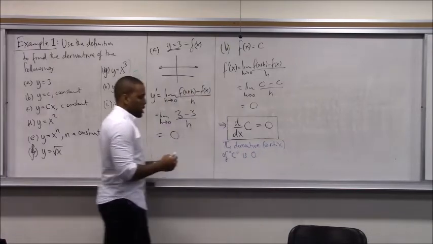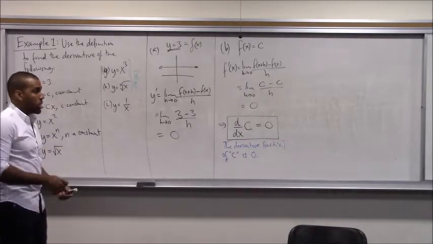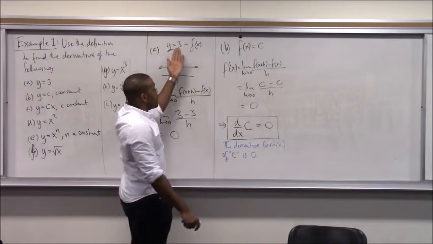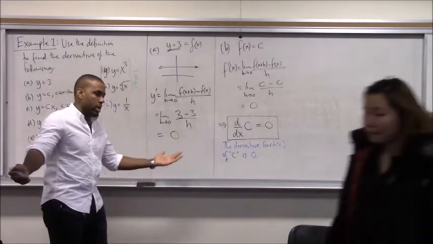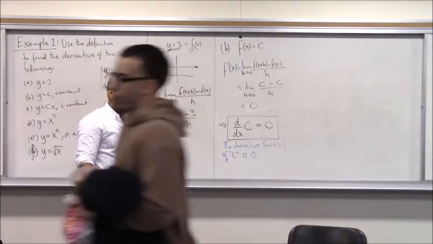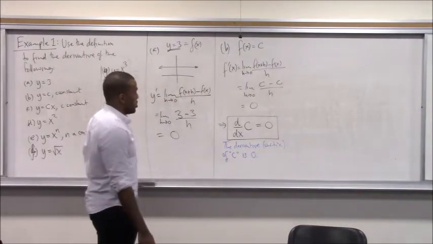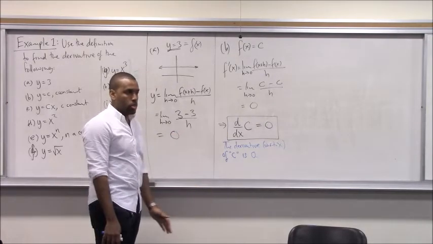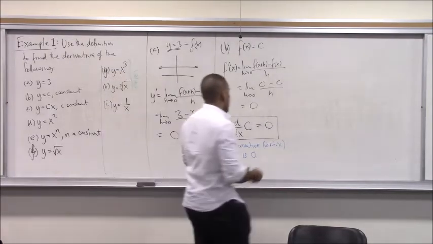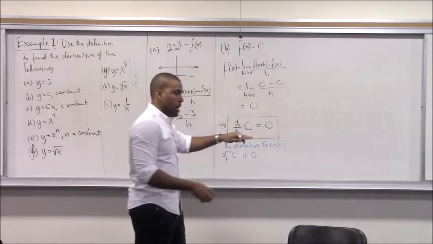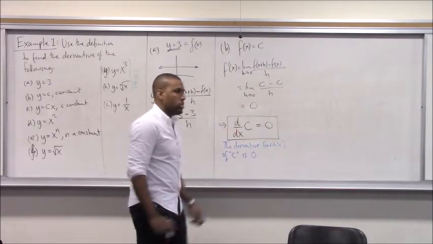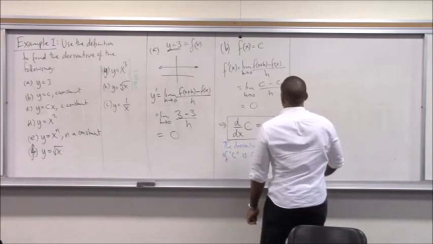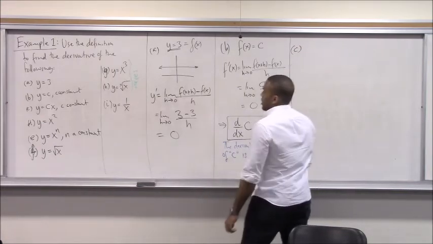The derivative of any constant will be 0. Doesn't matter what the constant is. Could be 3, radical 2, 1.9, square root of 11. Any of these functions, if I find the derivative, the answer is going to be 0. So you can just know the derivative of any constant is going to be 0. Because a constant function is just a horizontal line, the slope of a horizontal line is 0. And derivative means slope, that's what it means.